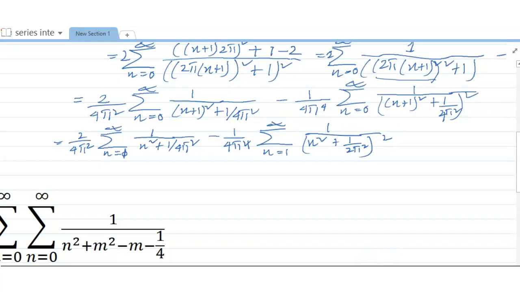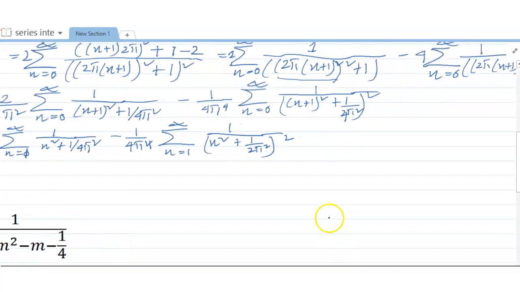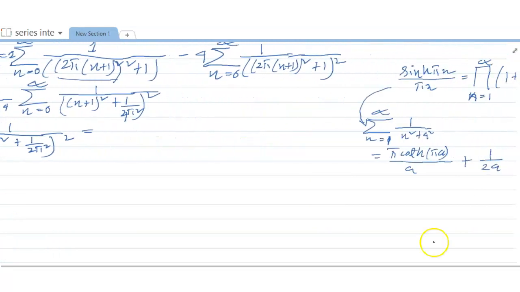So friends, you just see the technique, simple technique. So I apply this formula. Which formula, friends? This formula I will apply.